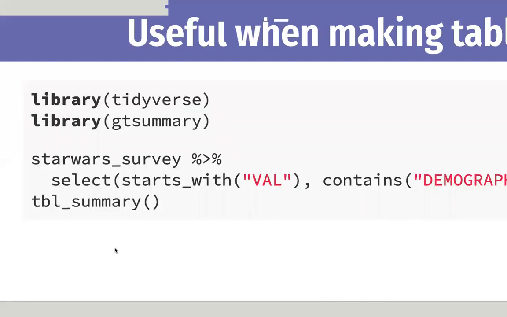So when you're making tables, using that gtsummary package that I had mentioned before, you can take your Star Wars data and you can select the variables that you want to include. And so let's say I want to make a summary table with only numeric or demographic variables.